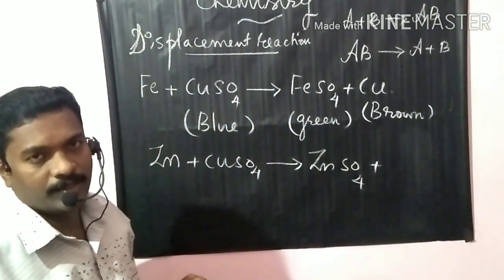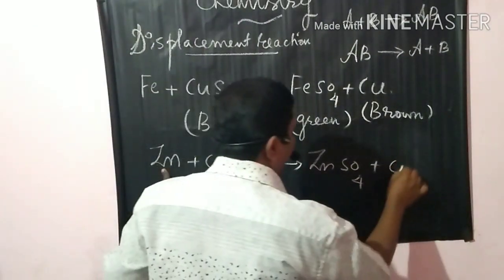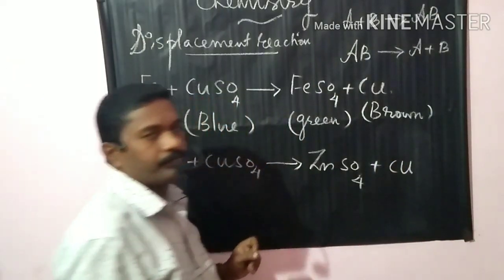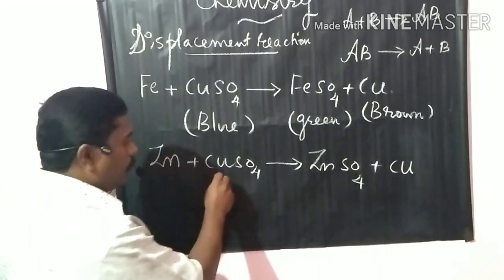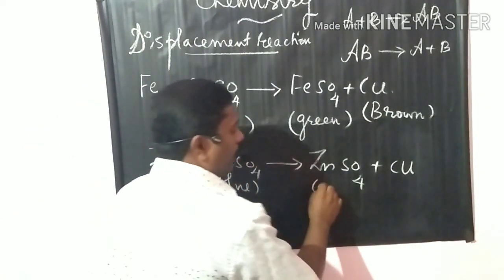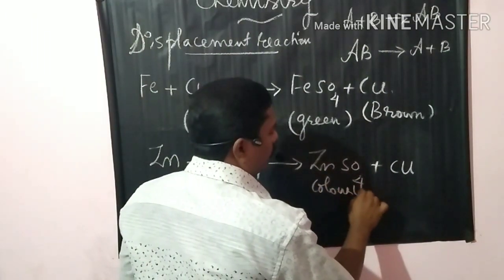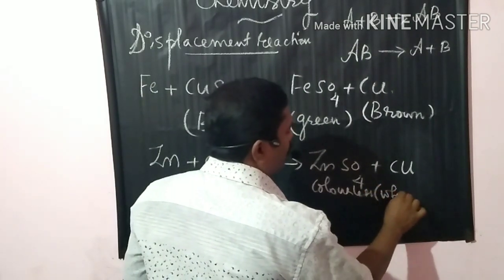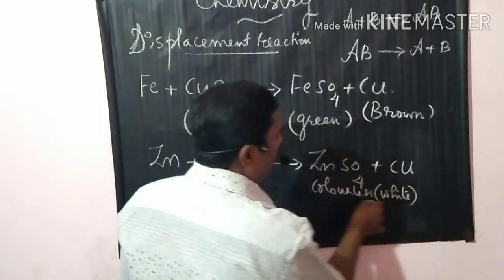Zinc sulfate, and what will form here? Copper again. So here also the color will change from blue to white, that is colorless. Zinc sulfate is white in color, or it is colorless in nature.